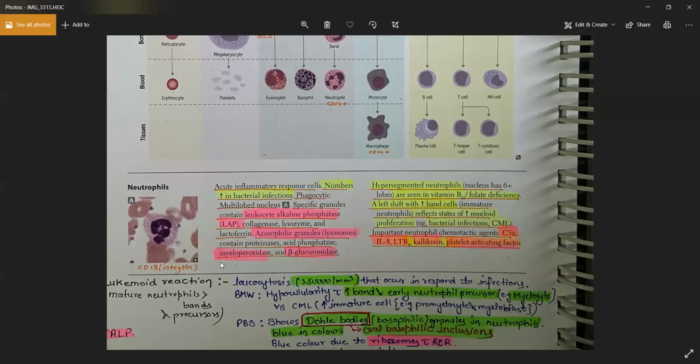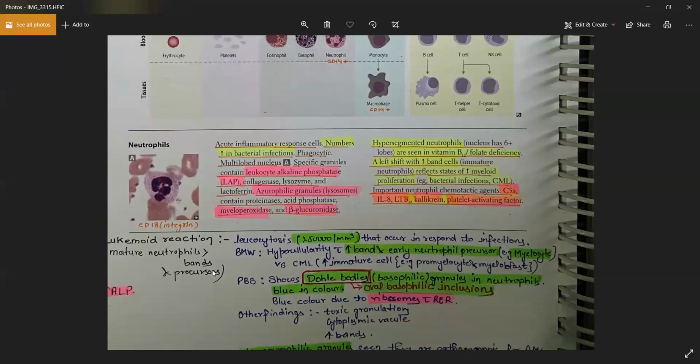It is ICAM, right? Don't forget that integrins will interact with the ICAM molecules. And you also call them the LFA1 or sometimes MAC1, right? So the CD18s, the integrins, and this LFA1 or the MAC1, they are all the same things.